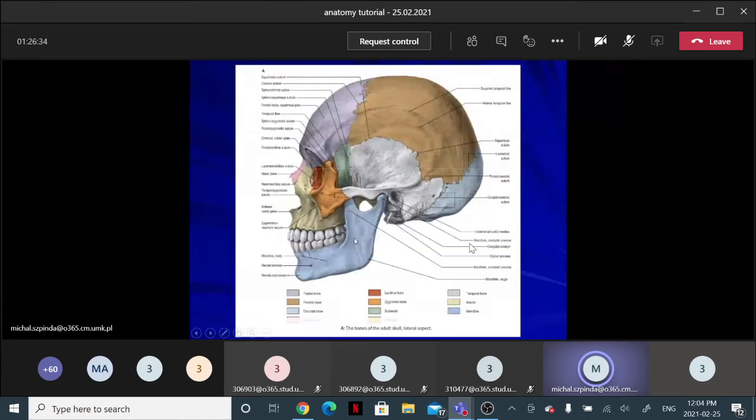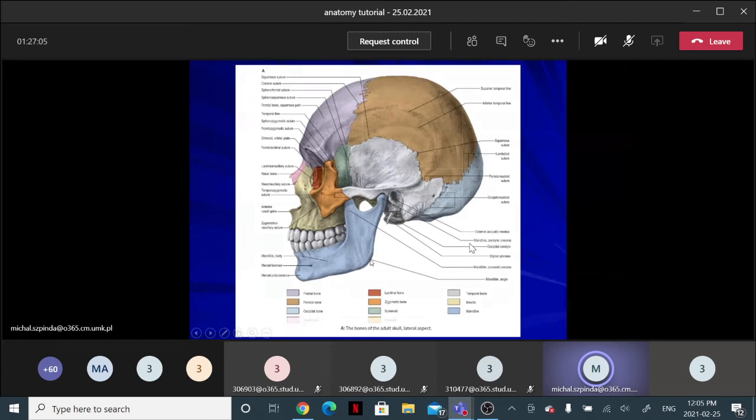The body is limited through an arbitrary line passing vertically behind the third molar, just here. So here is a boundary between the body and its ramus. Some think that the boundary is here.